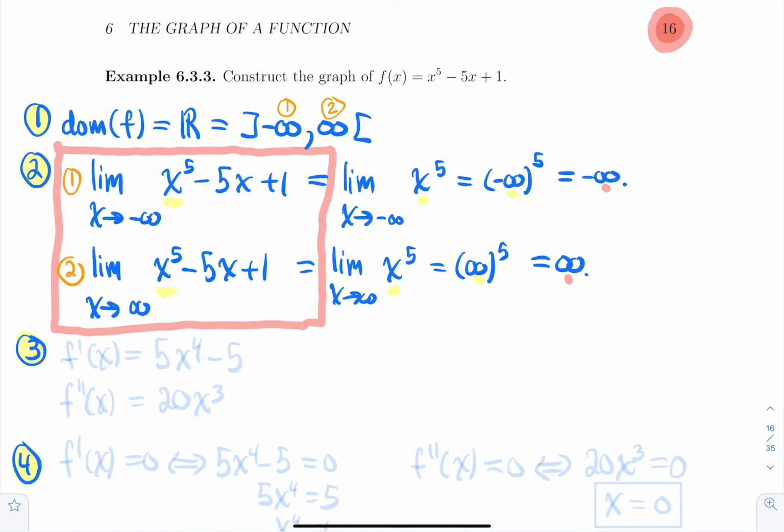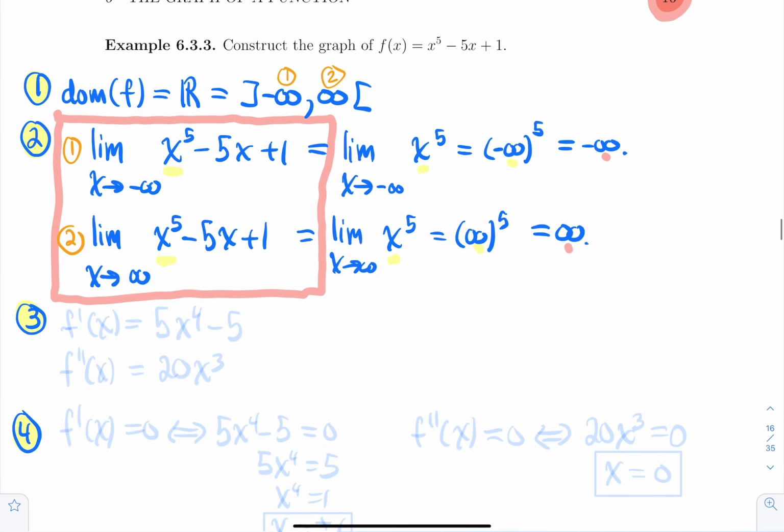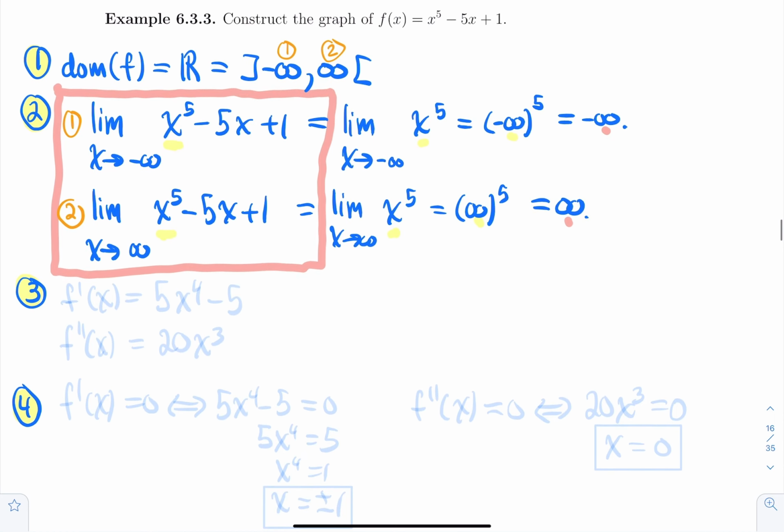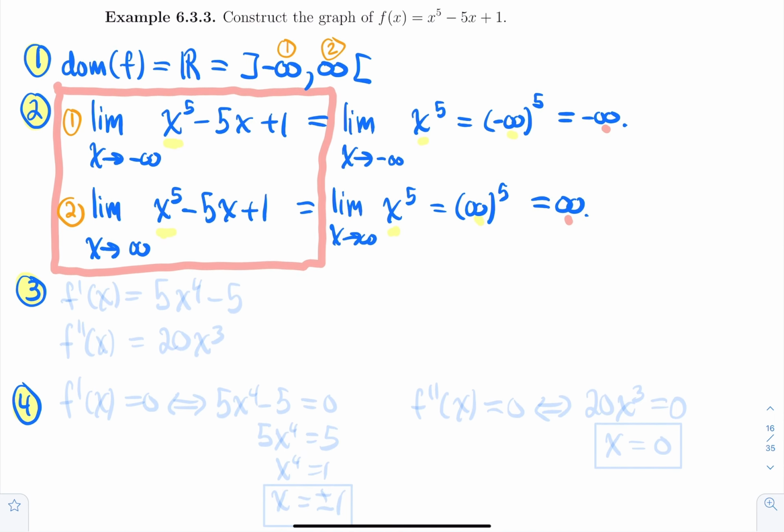So these two steps are very familiar stuff. We've been linking important limits to open endpoints of the domain for a while now. We're still using this. We're using that experience from before to make it now complete. Now, step 3 and step 4. Step 3 here is just to compute the first and the second derivative. For a polynomial here, the first derivative is just 5x^4 minus 5.